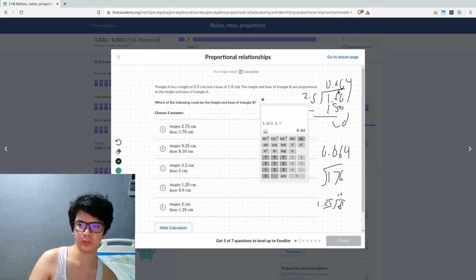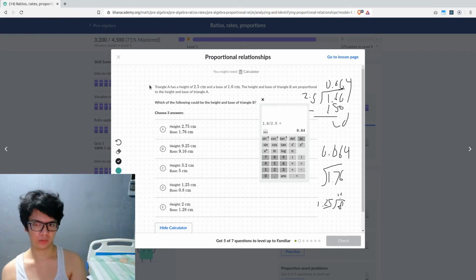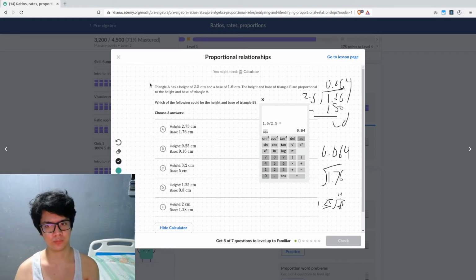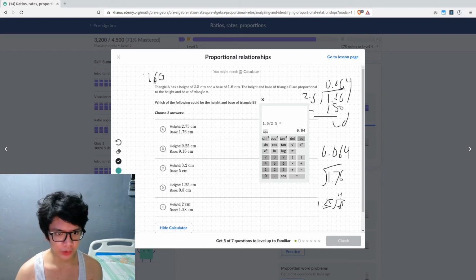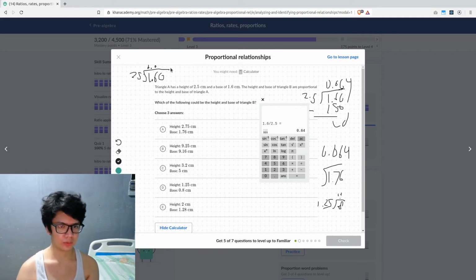That's insane. Let's do 1.6, just out of curiosity, divided by 2.5. So this is 0, right? And it goes there. The same if we just do that.